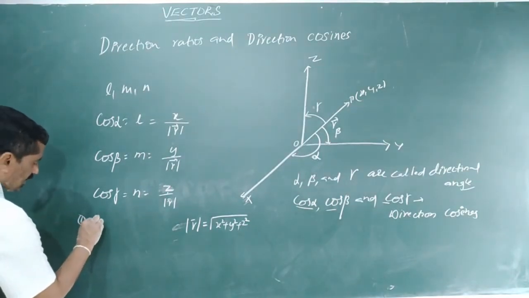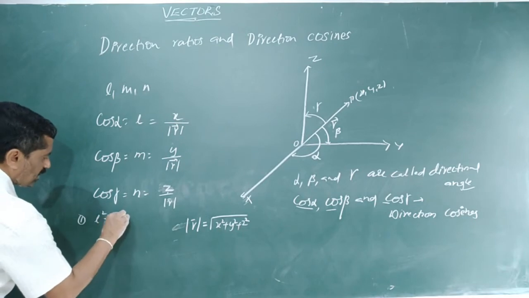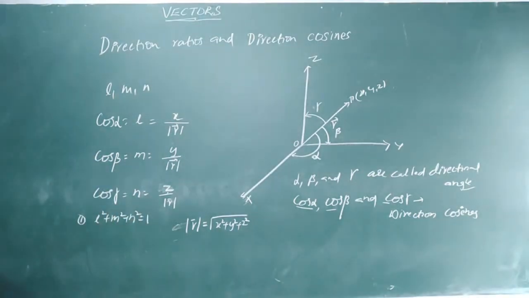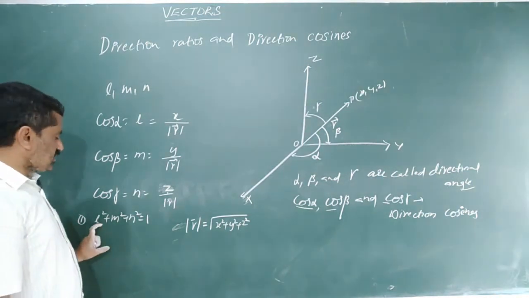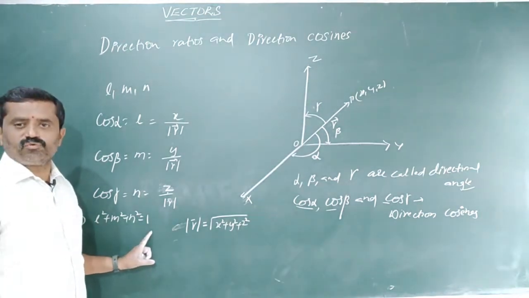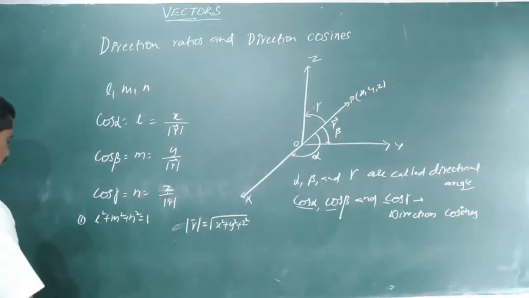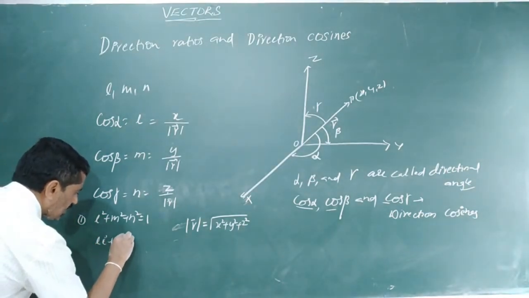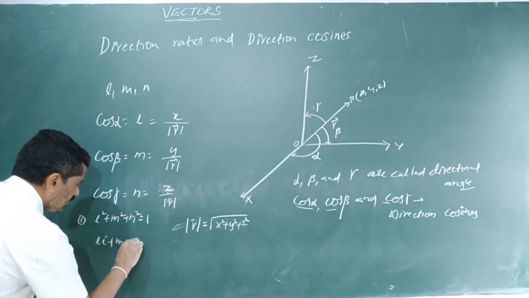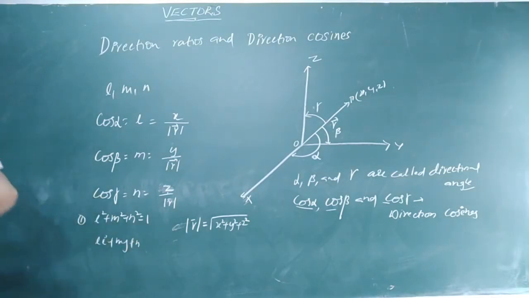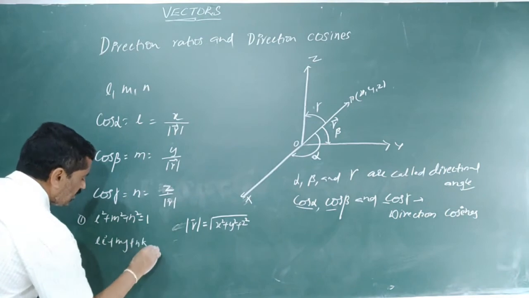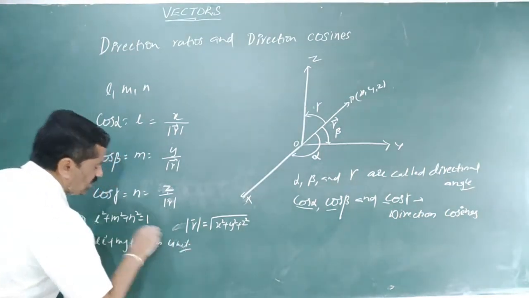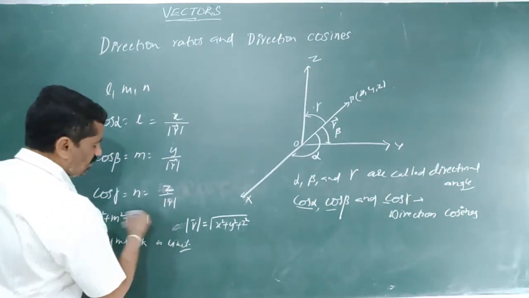Again note that L square plus M square plus N square is equal to 1. The sum of squares of direction cosines is equal to 1. Again, Li plus Mj plus Nk is a unit vector in the direction of the vector.